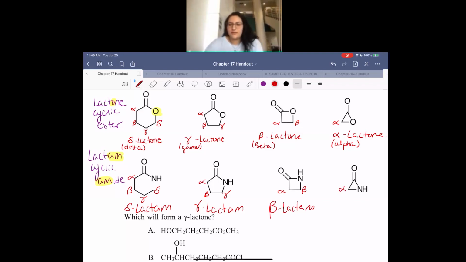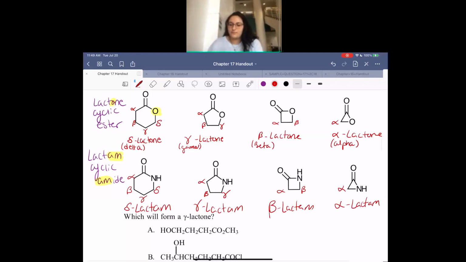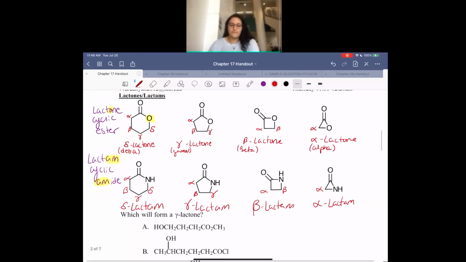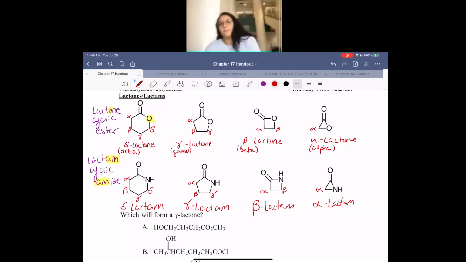And last but not least, we have our alpha lactam. Ta-da! So I shall give you a moment with the lovely lactones and lactams. And then we're going to do the really fun stuff and we're going to make and break these suckers.